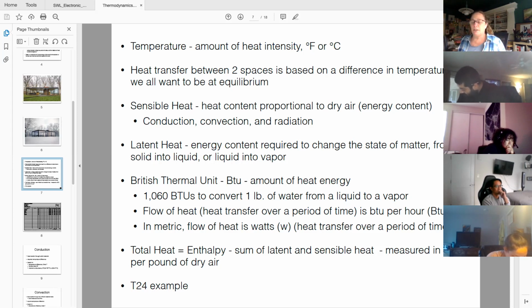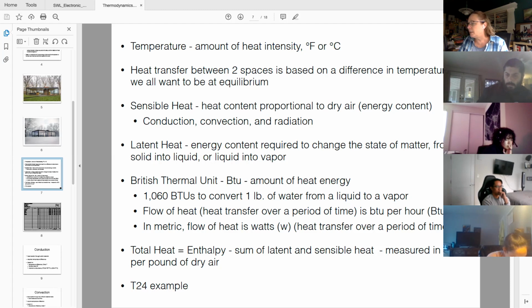Because when you start doing calculations and you're following your units, it can get really confusing if you're not remembering that it's over a period of time. And the time that we default to is an hour. Metric system, whole lot easier. It's just plain watts for them. That includes the time factor in it. Watts are joules per second, I believe, but you don't need to know that because that's not how we do it.